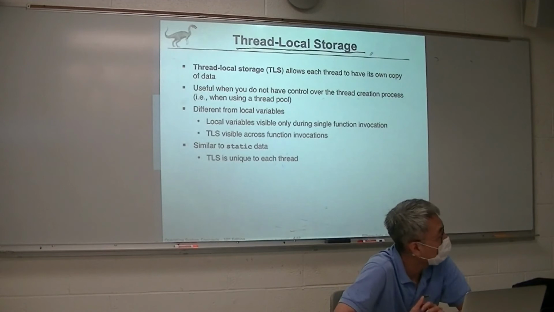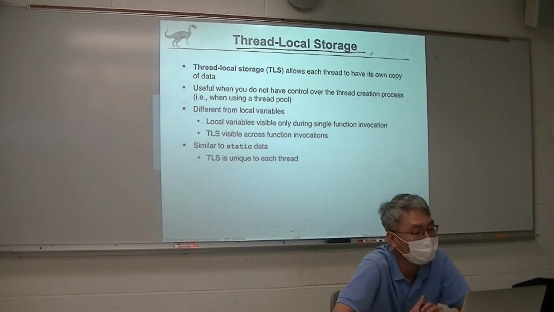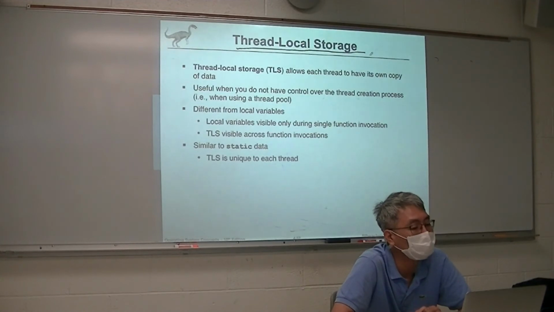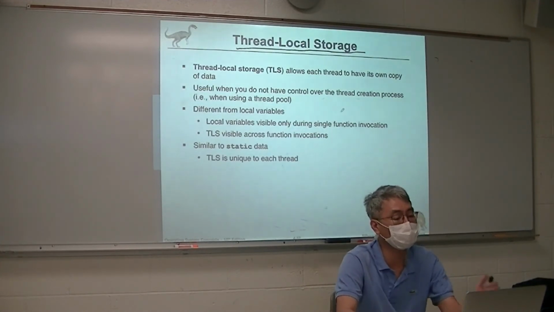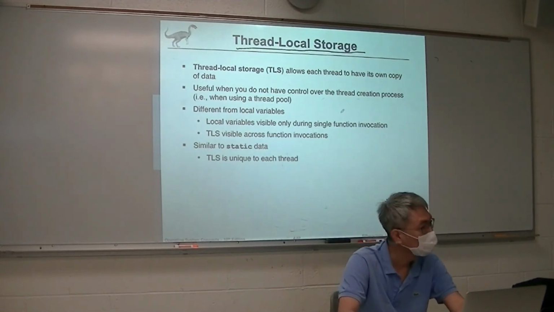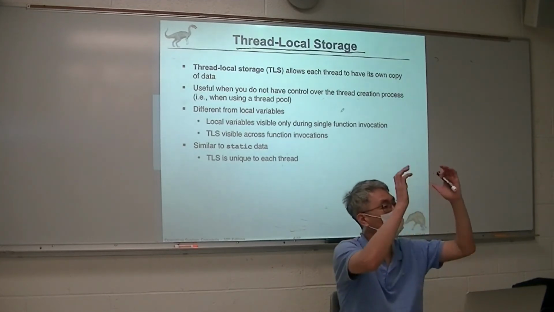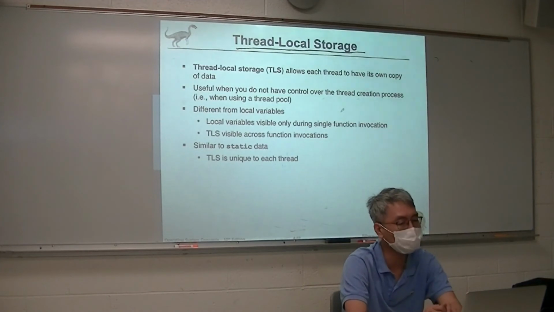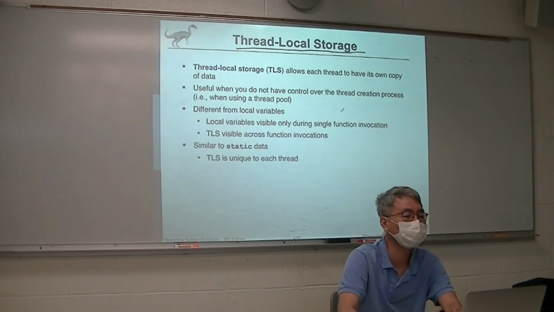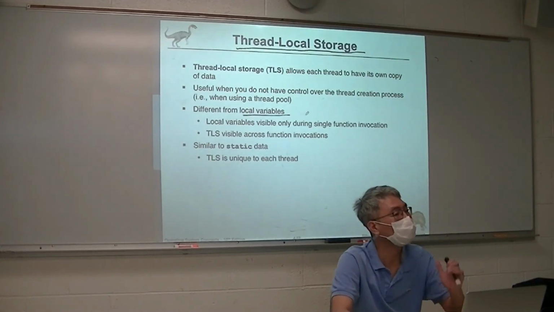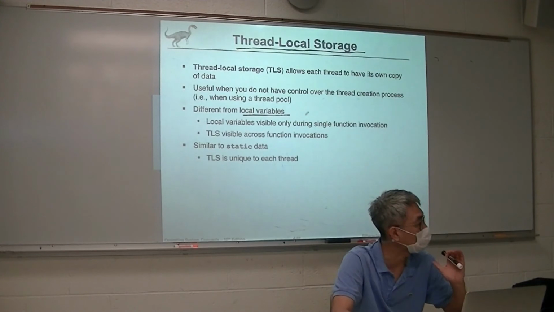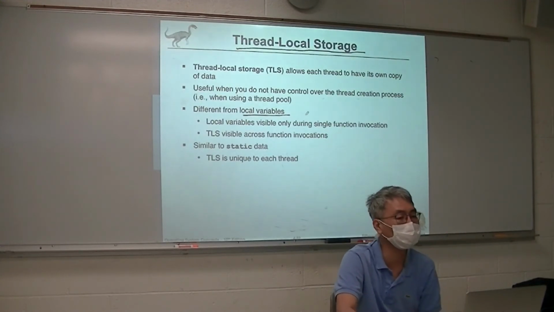So a thread can keep its own copy of the data under this storage. Where? It's in memory, a thread-specific area, so a data structure will be allocated. Definitely, that's different from a local variable. It's thread-specific information, not a local variable. Okay?